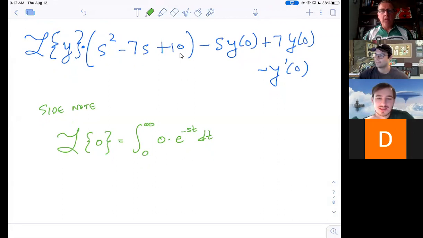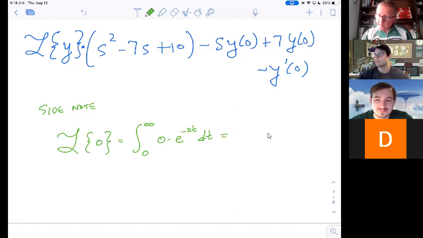Well, maybe because you're doing it from 0 to infinity, you're going like the constant minus the constant. So does it actually equal 0? Yeah, that's an interesting thought. You would get a constant, but then you'd subtract it. I'm not sure. So 0 times anything is 0, so this really does reduce to that, right? The e to the negative st is gone because you're multiplying it by 0.